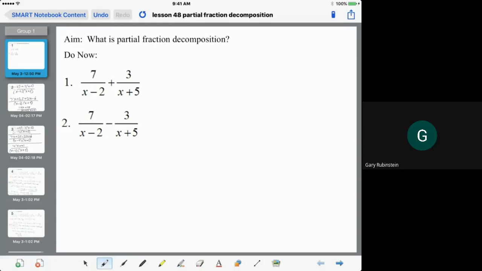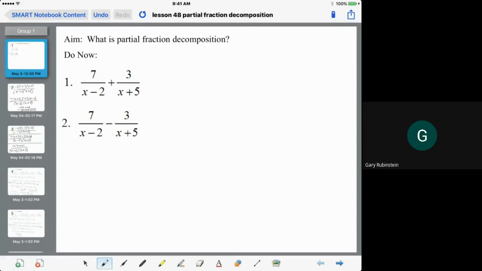Okay, hi everybody. So hopefully you took a minute just to do the adding of the rational expressions. Someone want to type in what answers you get? What does the numerator end up becoming for the first one? Okay, that's right.